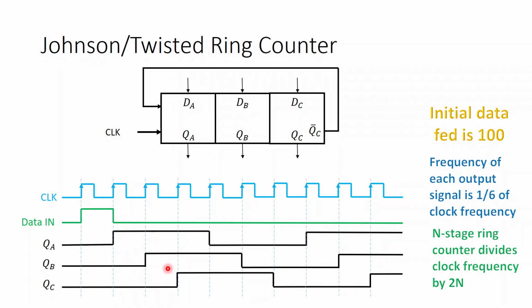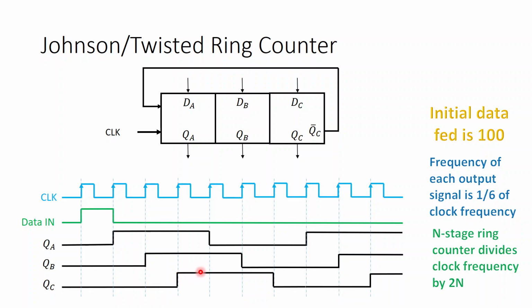Now how are QB and QC getting generated? Simply, QA is coming here, then this is also coming here, and this is coming here, like that it is generated. And when does QA become 0 again? QC has become high in this clock cycle.